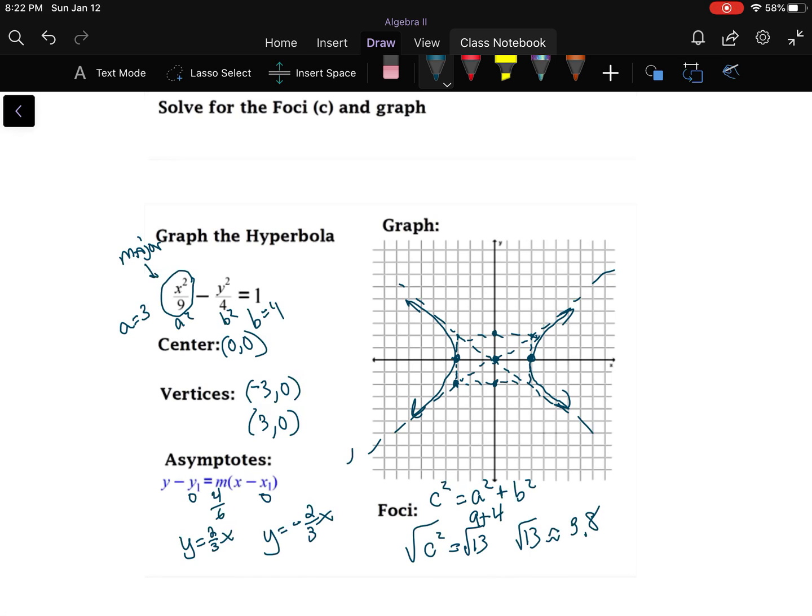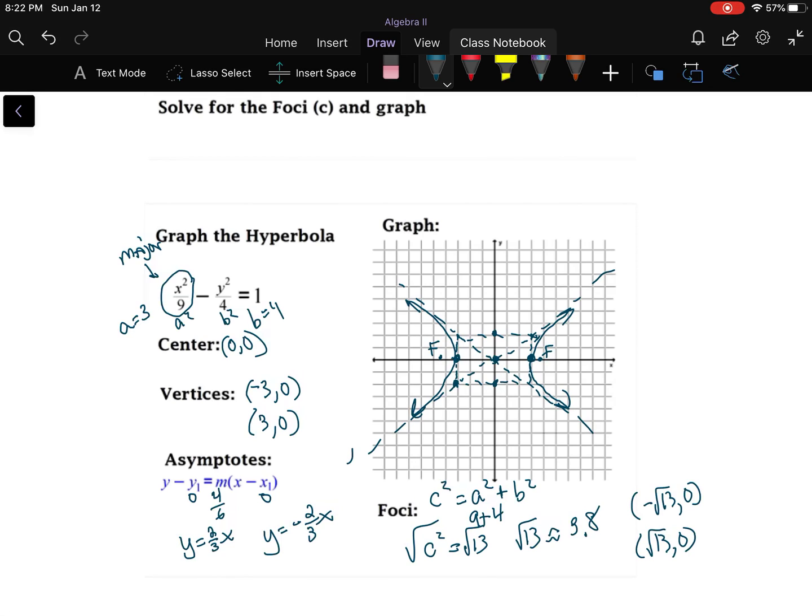But anyways, it's going to be somewhere in here. Now, on the negative square root of 13 comma 0 and positive square root of 13 comma 0. So you're going to kind of curve around those foci. Okay? Kind of like the foci were on the inside of the ellipse and they curved around that.